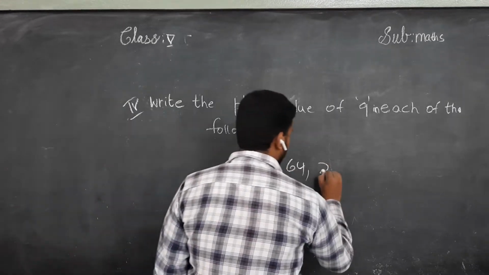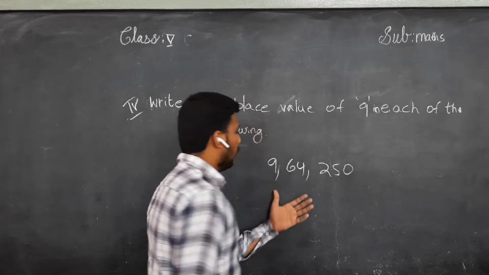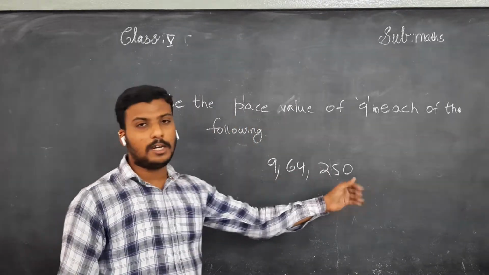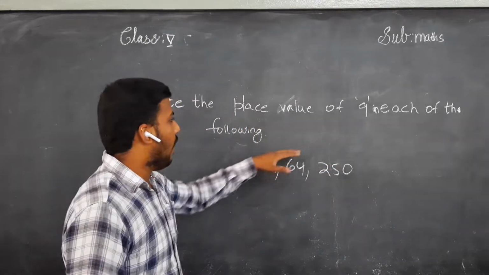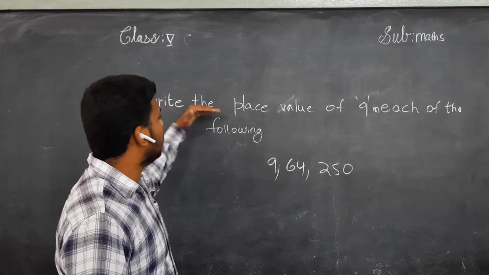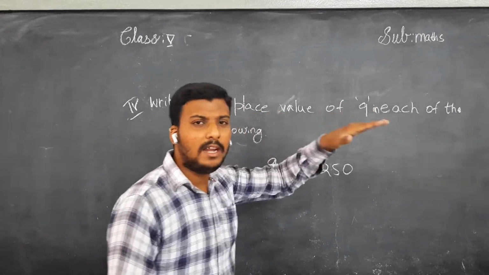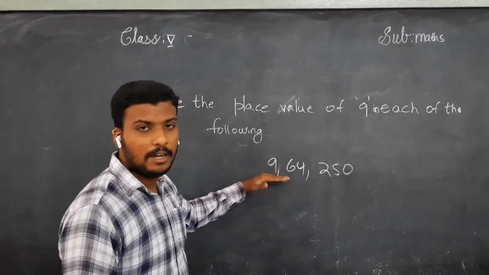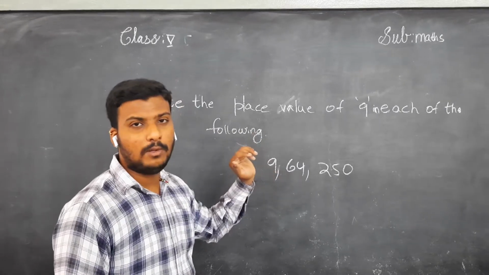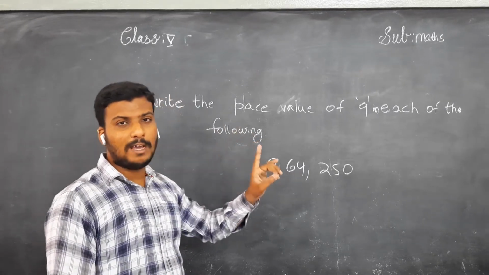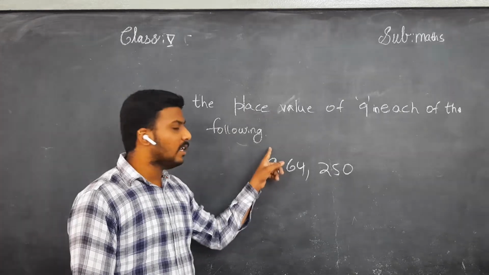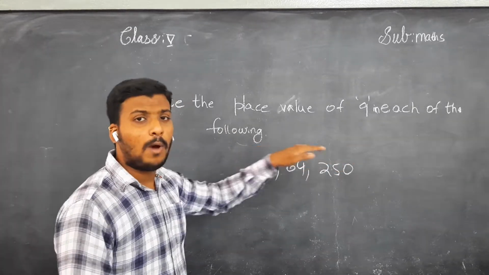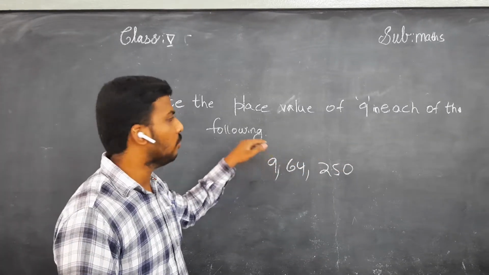See, for this we will write the number, that is 9,64,250. Okay, they are given the number 9,64,250. Then we have to see, they mentioned already, write the place value of 9. Only 9. Only the number 9 we have to write for this place value. You know, place value and face value. Understand? Place value means the recurring digits: ones, tens, hundreds, thousands, 10,000s, like that.